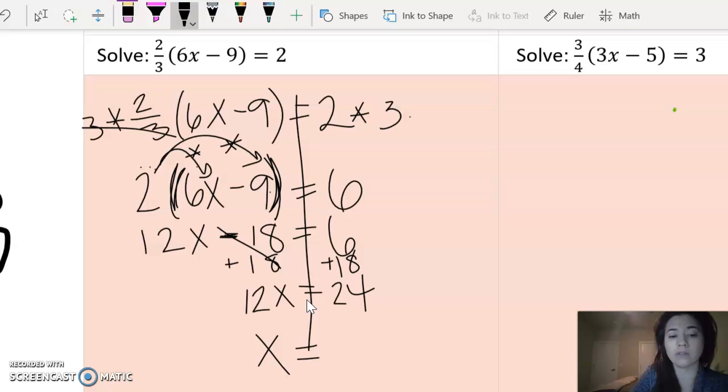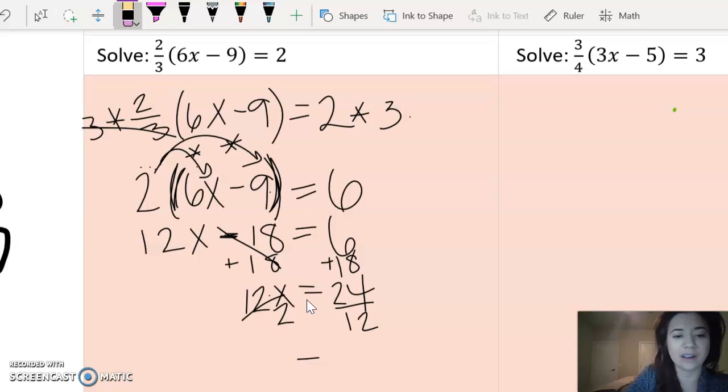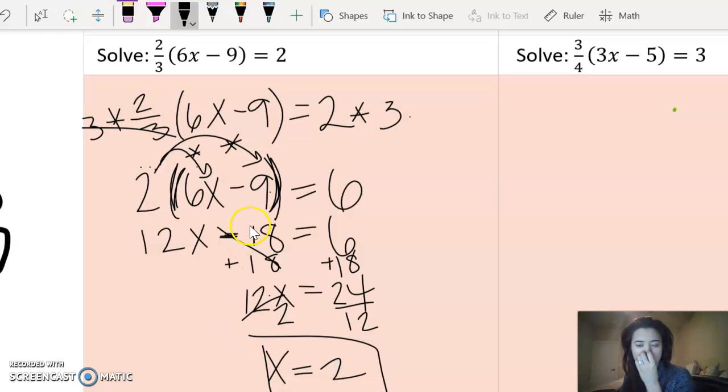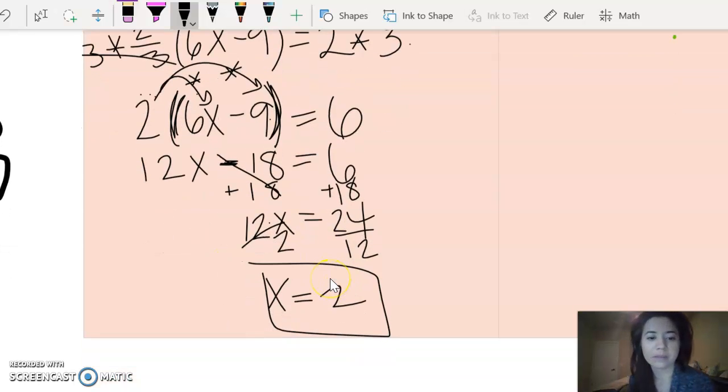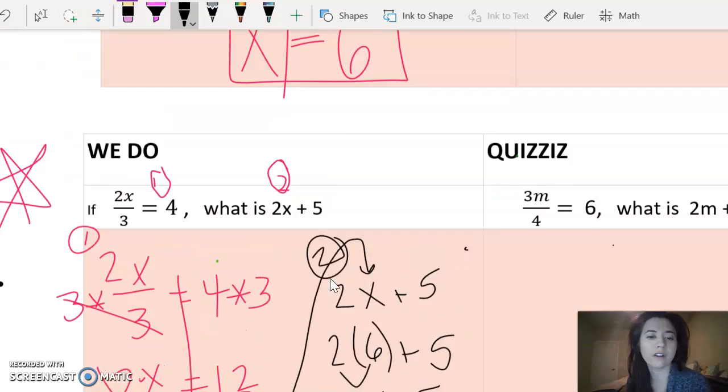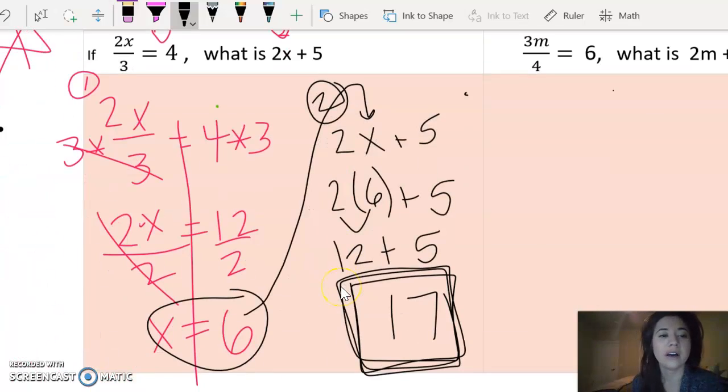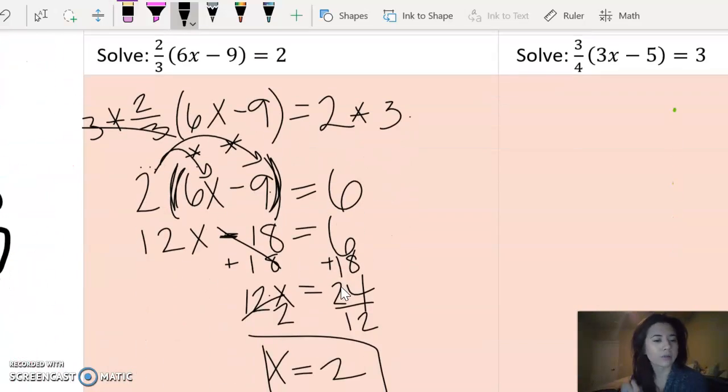And then we have 12 times x, so we have one step left to get rid of that, which is to divide both sides by 12. And we end up with x equals 2. 24 divided by 12 is 2. Awesome.